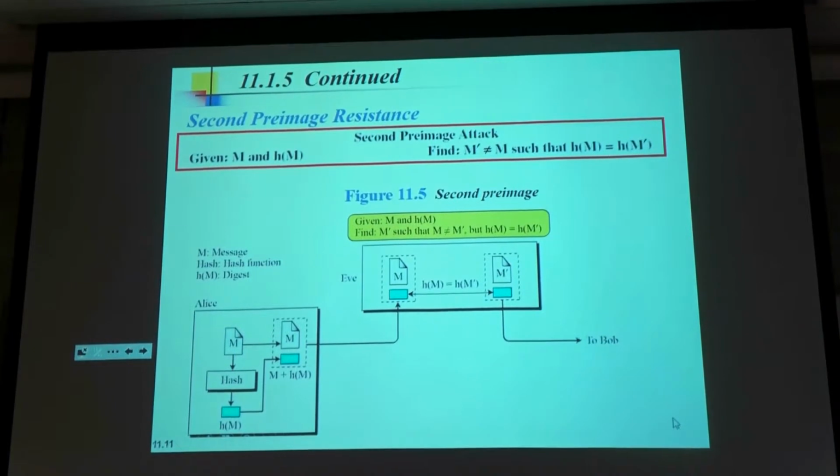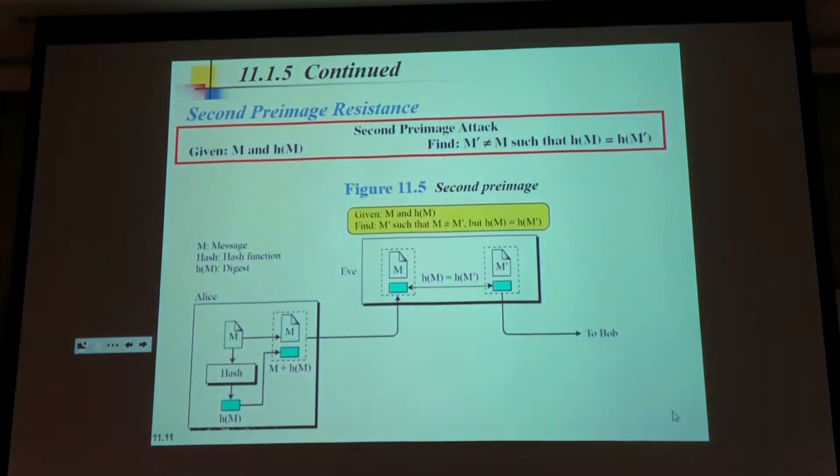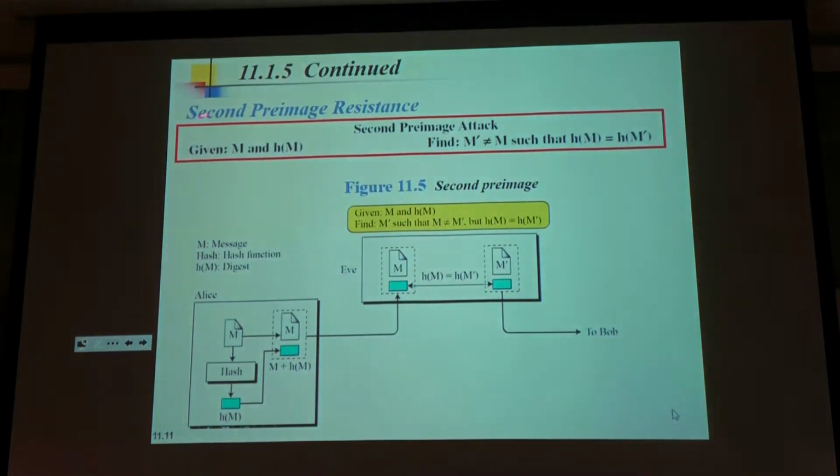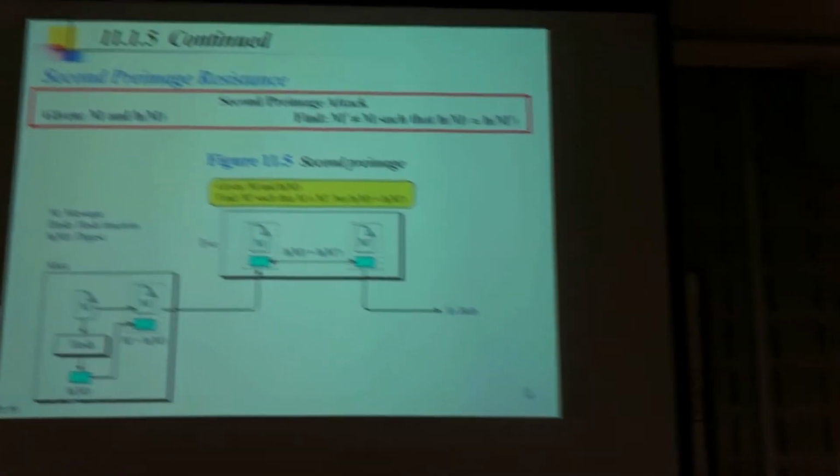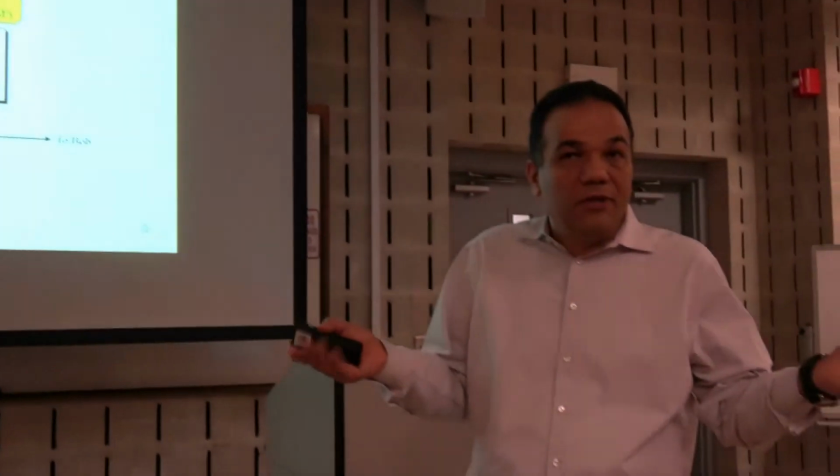Now second preimage resistance. Here, the second preimage attack: you are given m and the hash of m. Eve knows m, which is a message, and in our case it's not a secret. Everybody knows the message. I don't care about hiding the message, I'm just caring about making sure it's authentic.